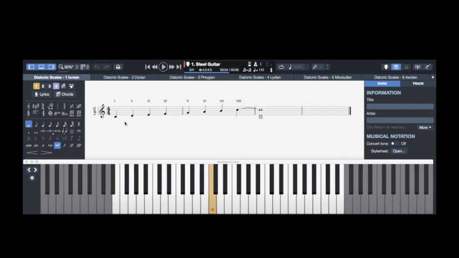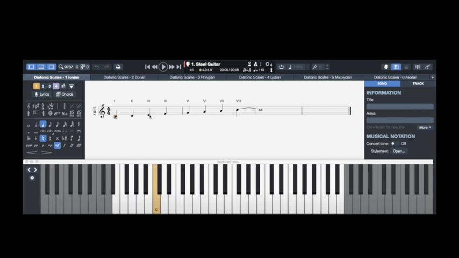And so, as I said, what we've got here is a major scale, and it has no flats and sharps. What defines a scale as major or minor is the distance from the one note to the third.